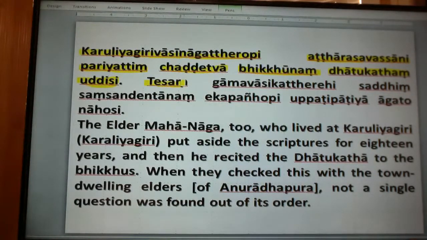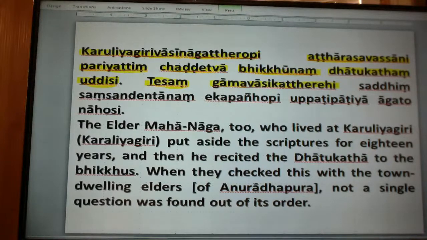These monks, Gama Vasika Therehi: Gama is a village, Vasi means living, Therehi means many senior monks.